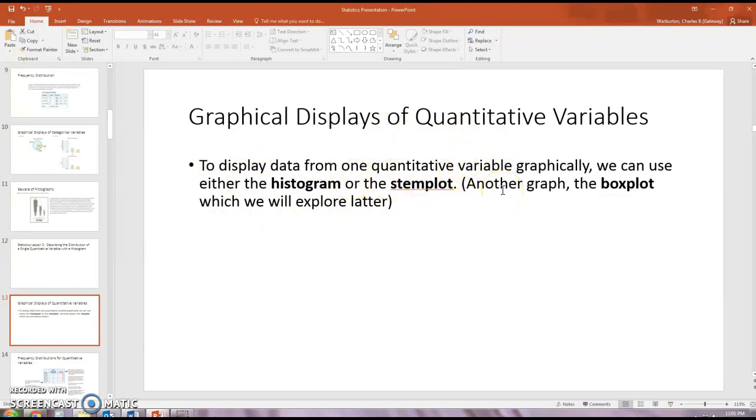We're going to have to put the values into what we call bins. Once we put the values in bins, we can visually see the frequency distribution through a histogram. That's mainly what we'll be talking about today. We'll also take a look at a stem plot towards the end of the video.